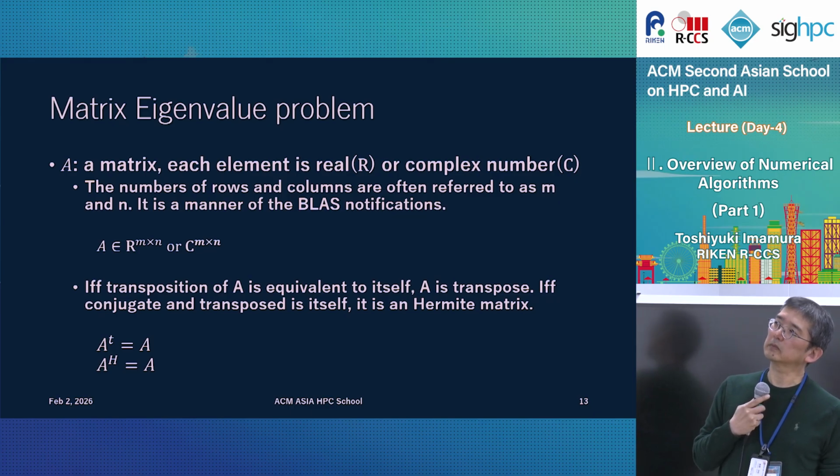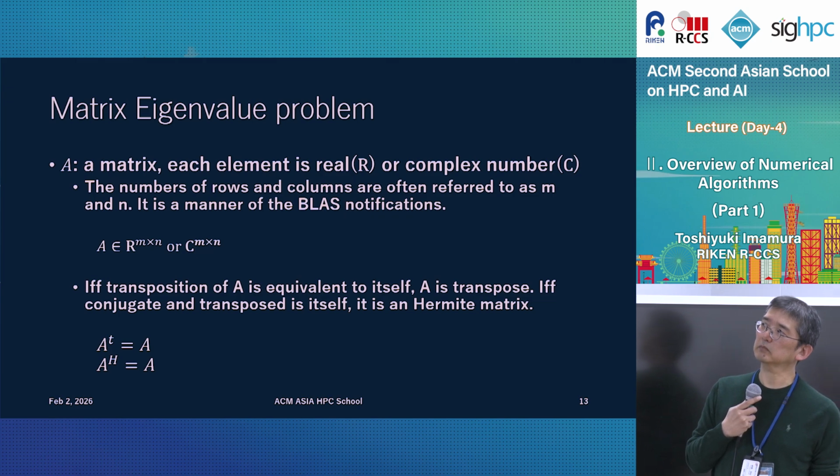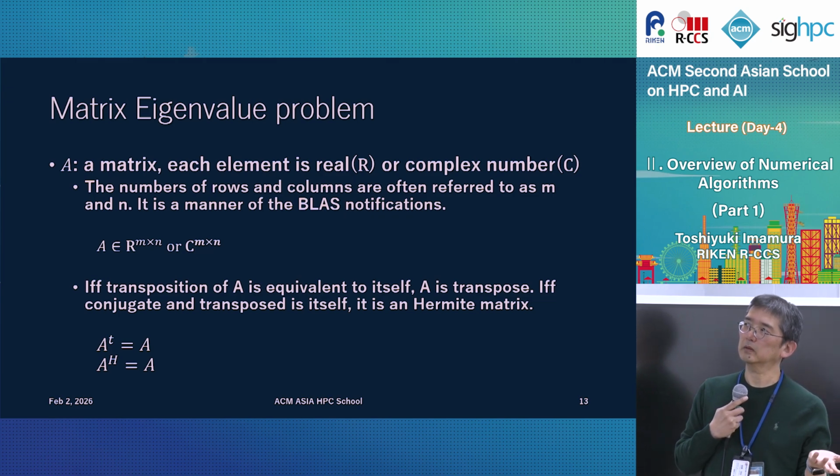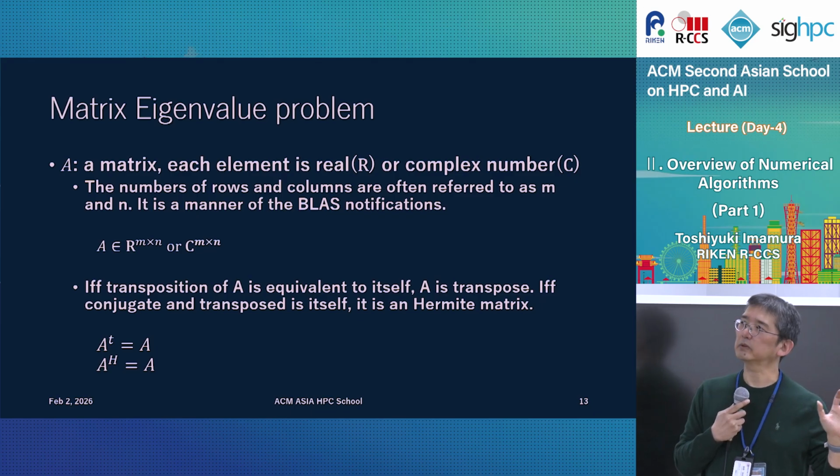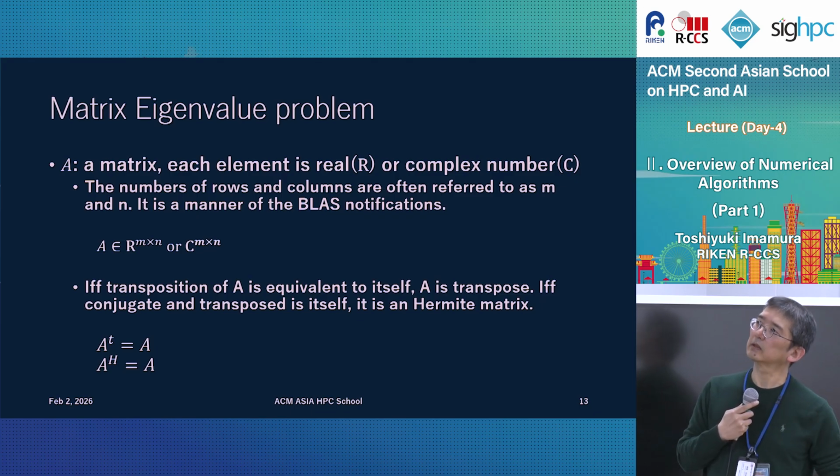Sometimes it is a real matrix, but it depends on the application or target problem. Sometimes the elements are complex numbers. So either we choose the properties, real or complex.